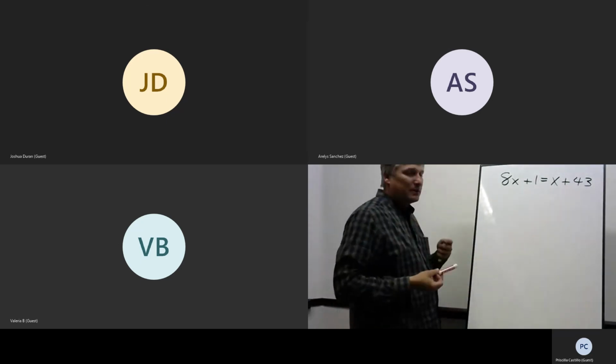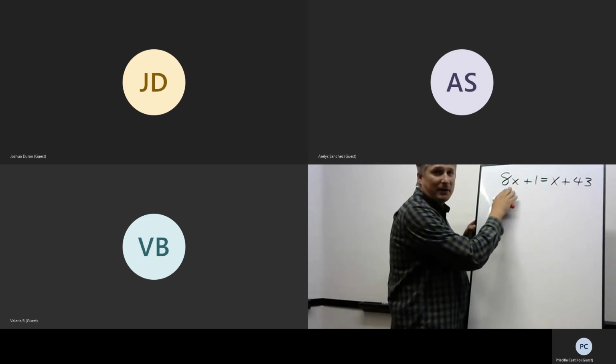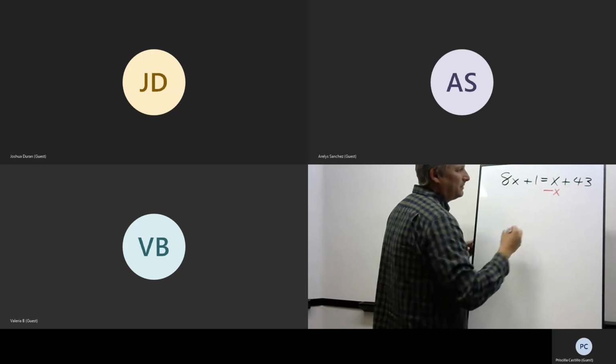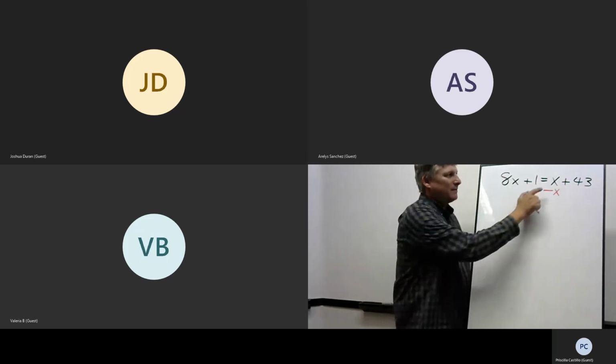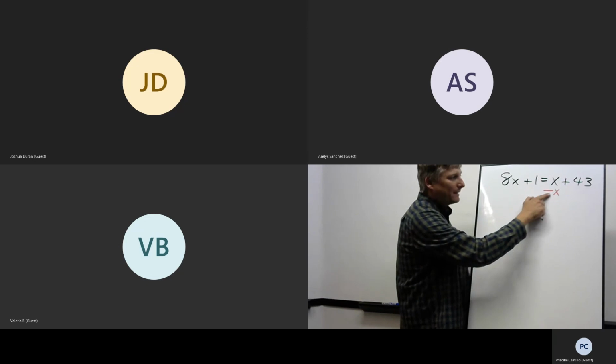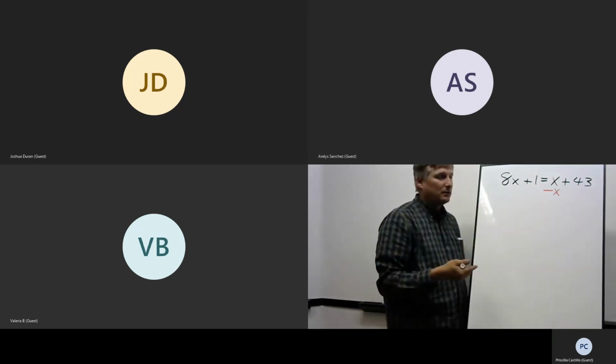So what I'm going to do first is I'm going to move x to this other side. And the way I do that, if I have a positive x, I want x to disappear. So if I subtract x from x, it goes away.